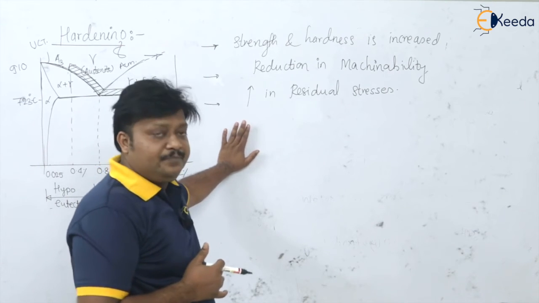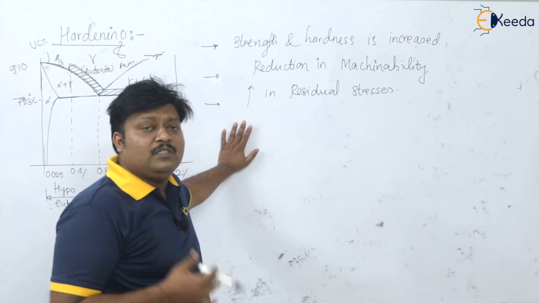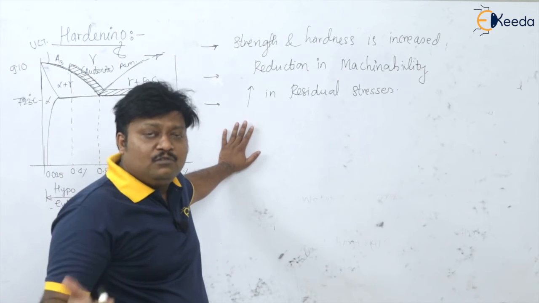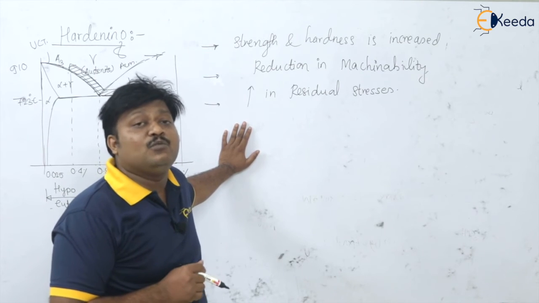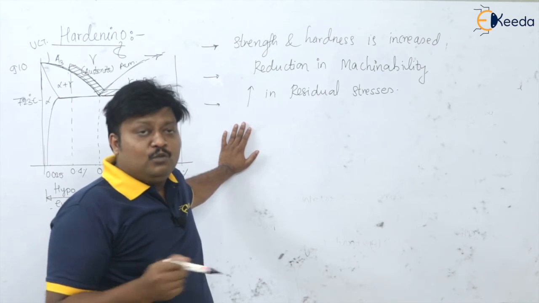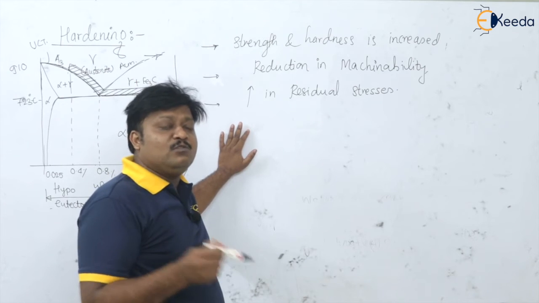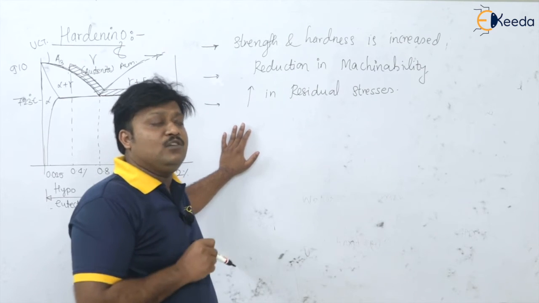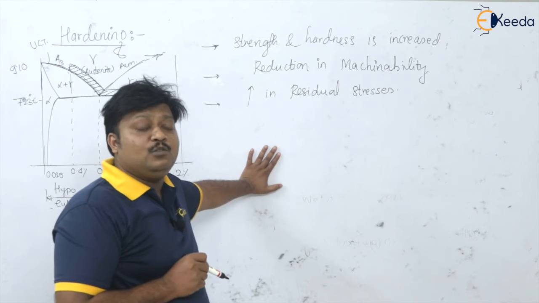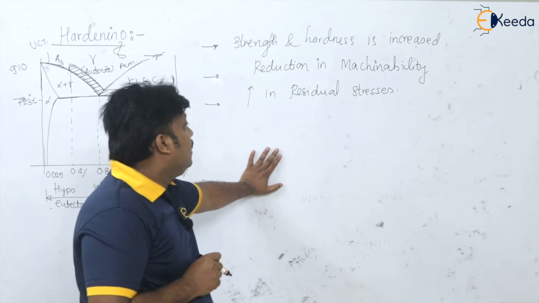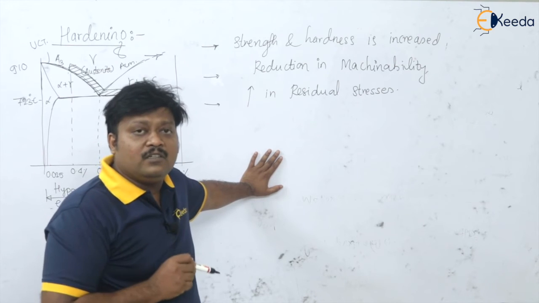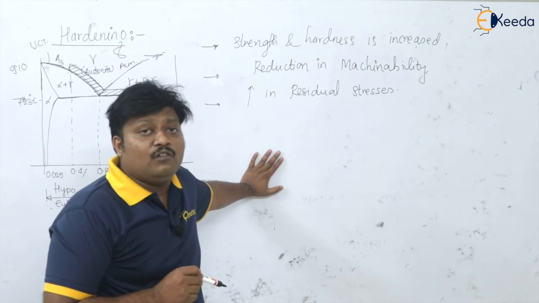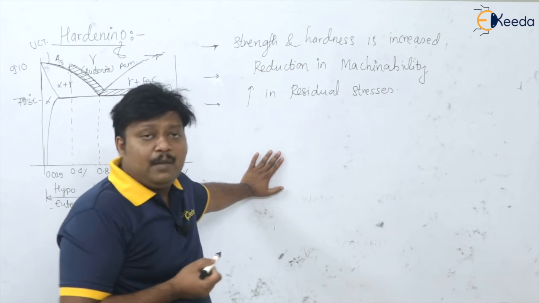So definitely the hardened component has to be given a subsequent heat treatment process, known as tempering, to give softness, some ductility and machinability to the steels. We are doing that tempering process. So that is a very important thing. We do not use the directly hardened component as it is for engineering applications.